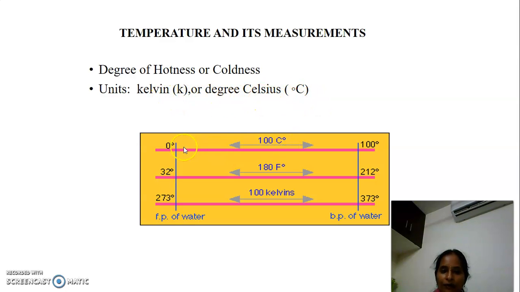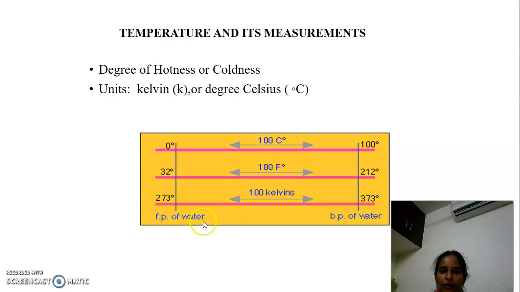You know very well that 0 degree Celsius is equal to 273 Kelvin, and 100 degree Celsius is 373 Kelvin.